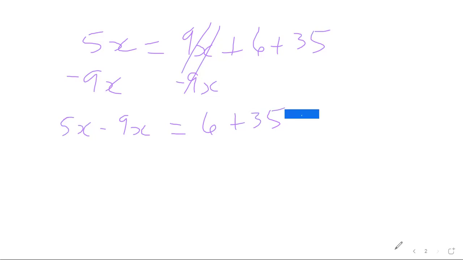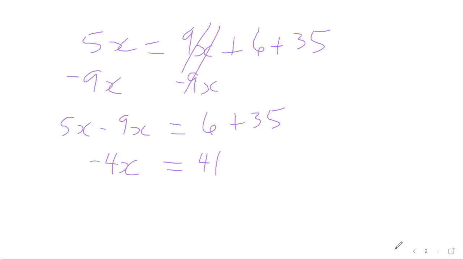Wow. So now I've got the like terms on either side. 5x minus 9x is negative 4x because 5 is smaller than 9, so you're still going to owe some money. And then 6 plus 35 is 41.